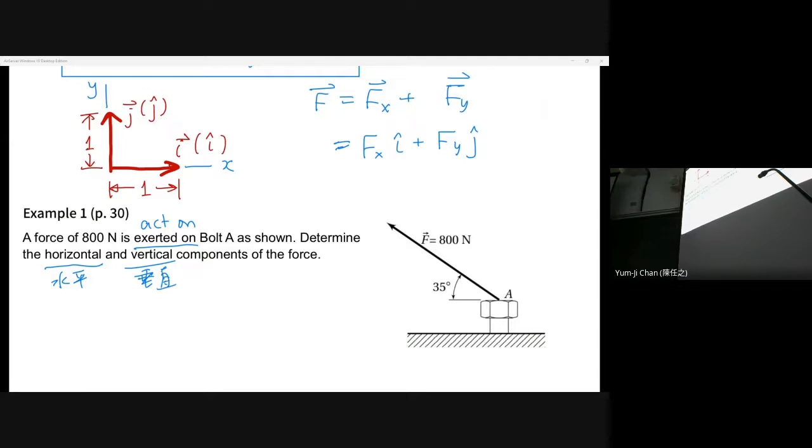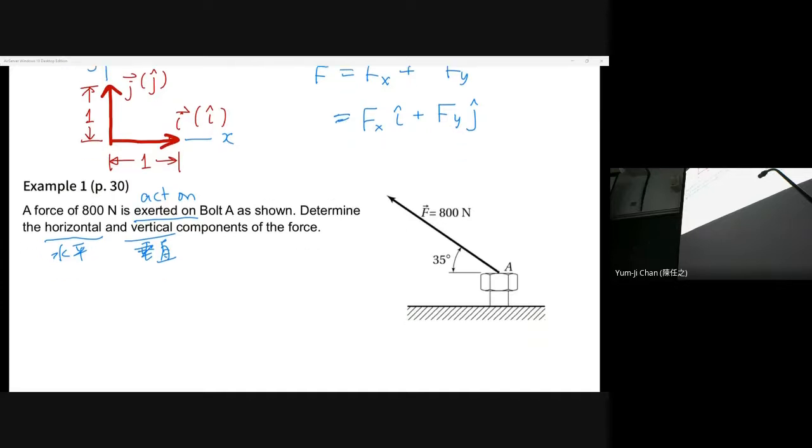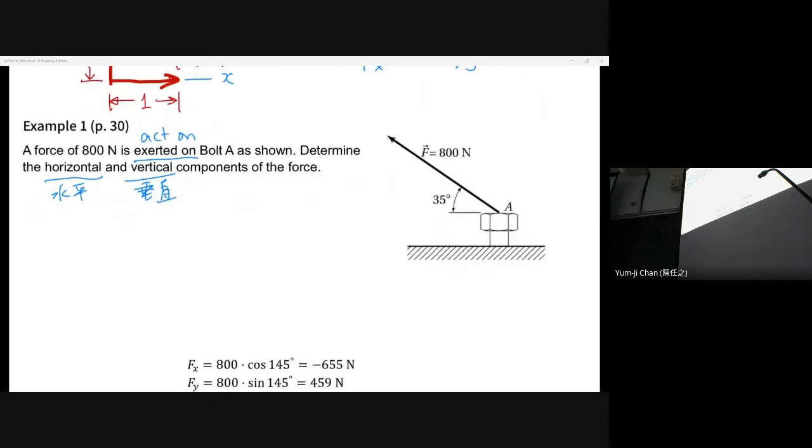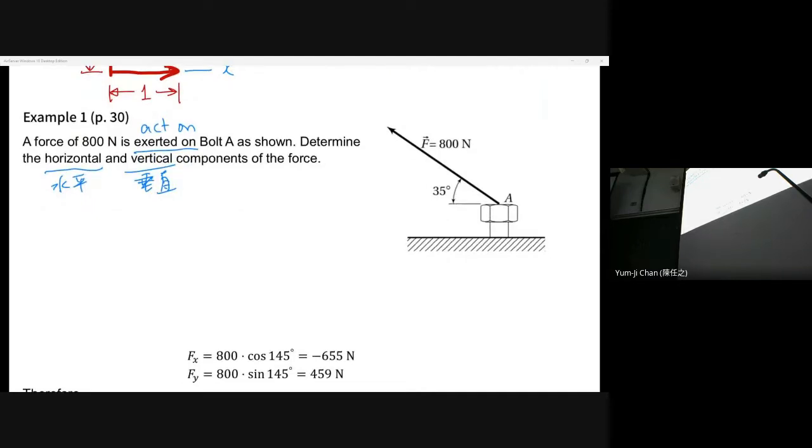I think this should be easy to use, and the only problem is here. For example, if we have x direction here and y direction here, and the force goes this way, right?